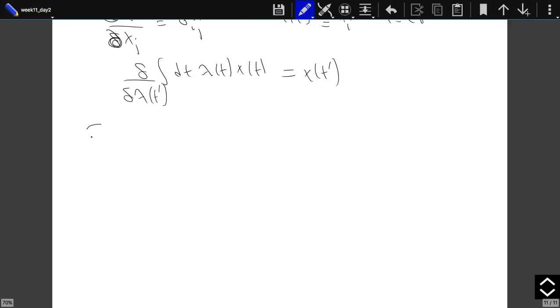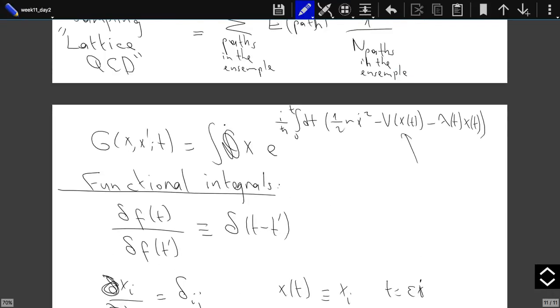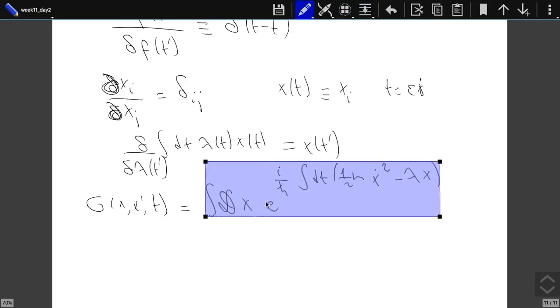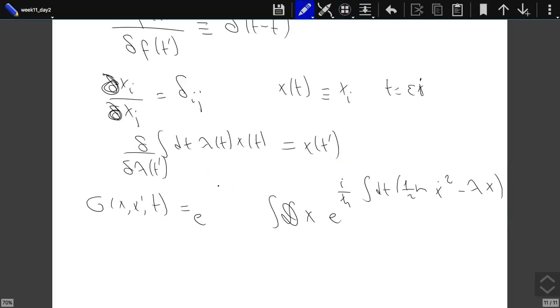And G would be just the integral dx, e to the power i over h bar, integral dt of 1 over 2 m x dot squared minus lambda x, all of this multiplied by e to the power minus i over h bar integral dt of the potential, but this time evaluated at h bar over i times the derivative with respect to lambda of t.